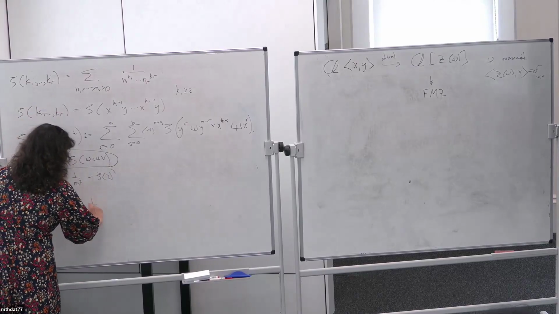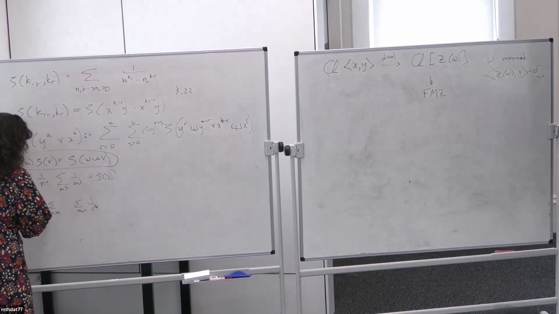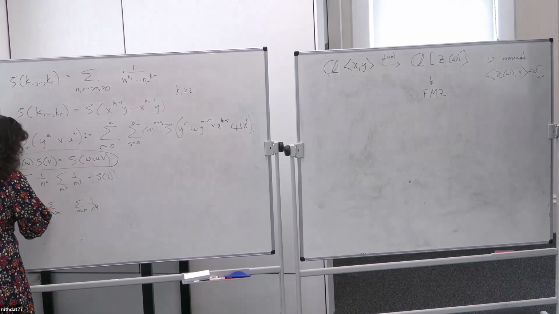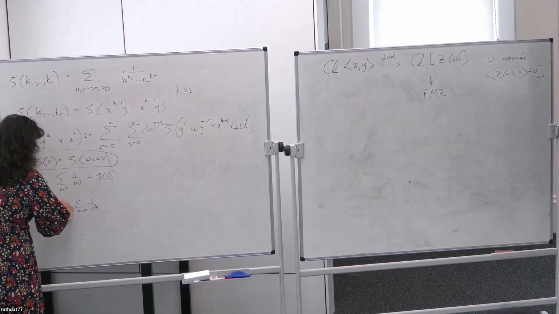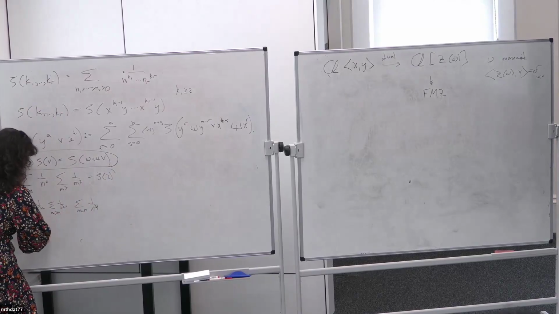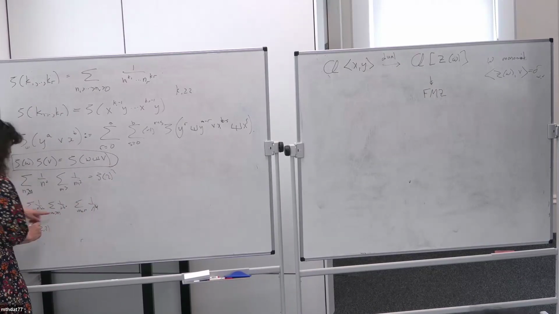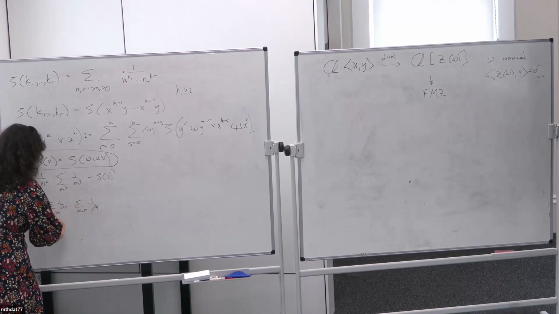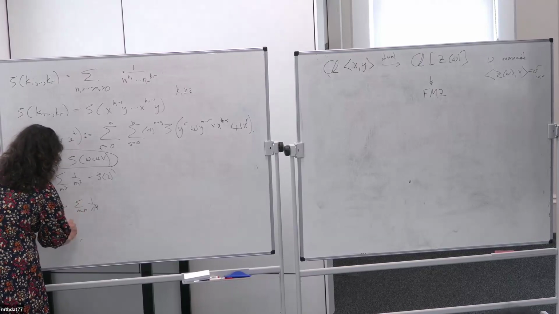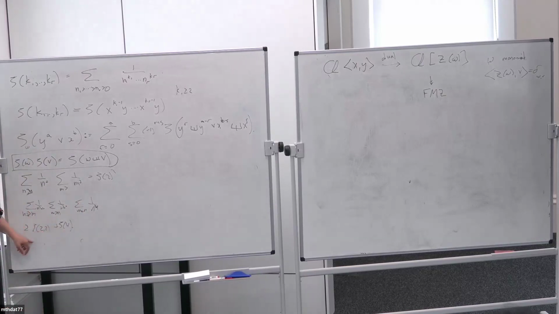So this one is 1 over n to the 4th. And here you have n squared, m squared. So what is this really? It's just zeta 2, 2. And this is again zeta 2, 2. And this is zeta 4. So zeta 2 squared is also equal to this. And that is a different multiplication from what you get here.